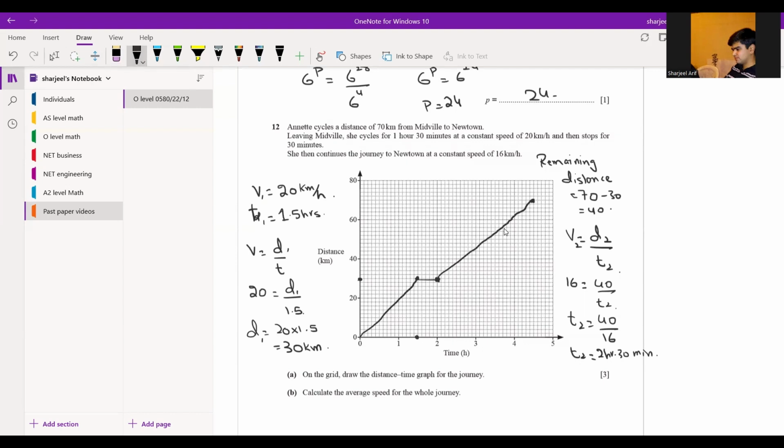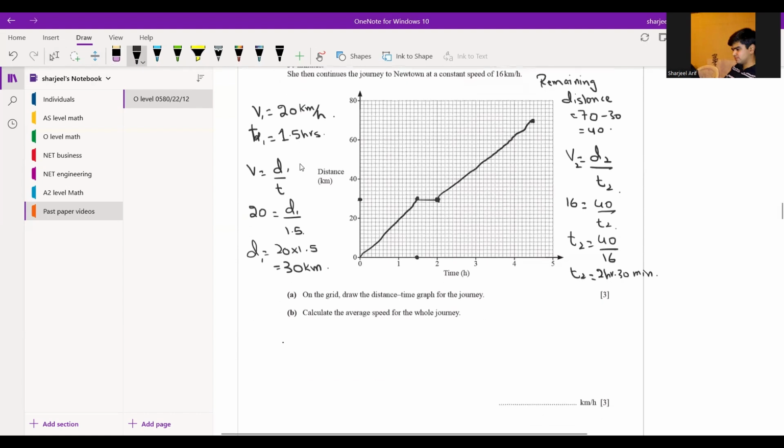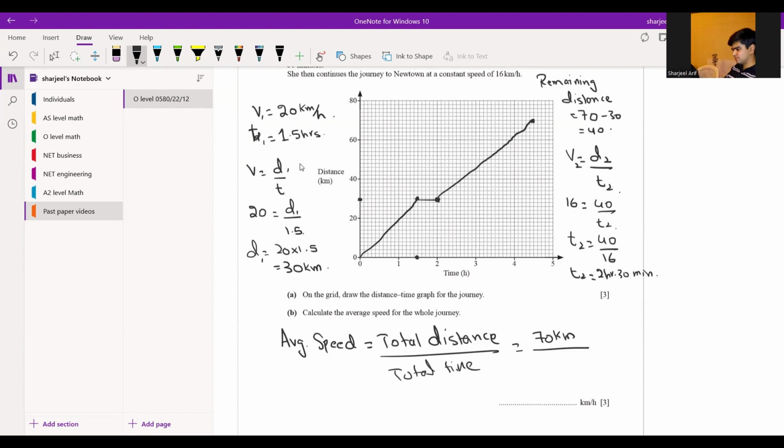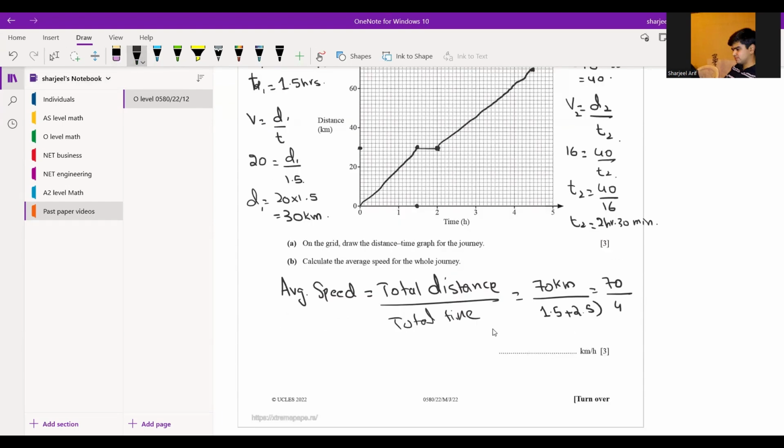So for the second part, we have to find the average speed. Average speed is equal to total distance divided by total time. The total distance was 70 kilometers and total time was 4.5 hours, including the rest. So we will have to add 0.5 as well. So our answer will be 70 divided by 4.5.